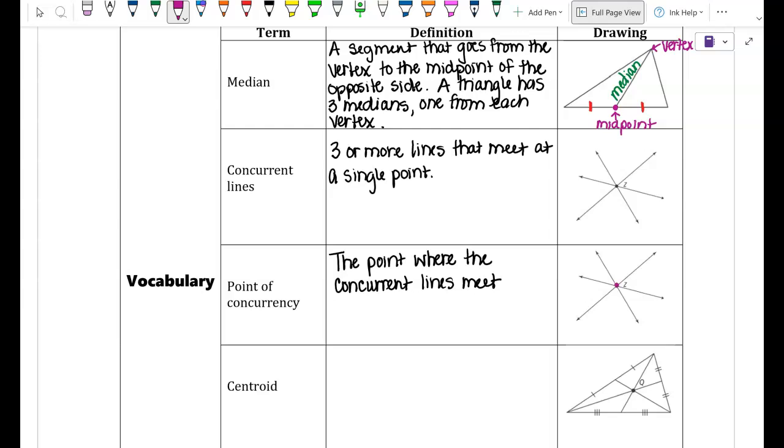So that point Z, where all those lines are meeting, would be our point of concurrency.